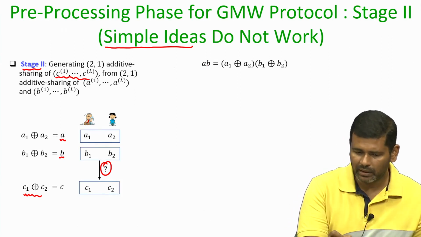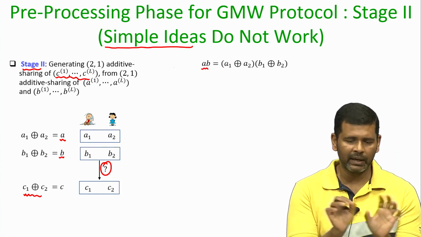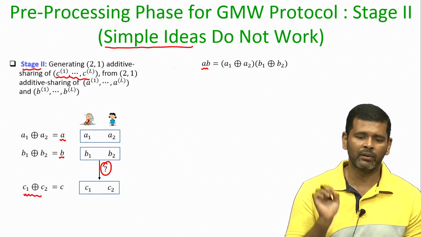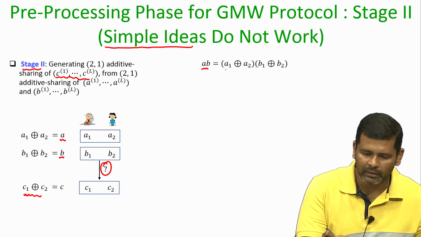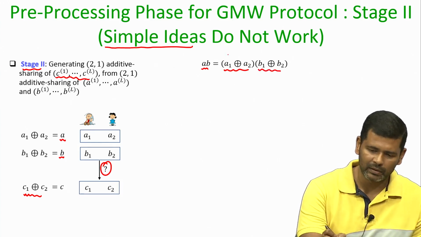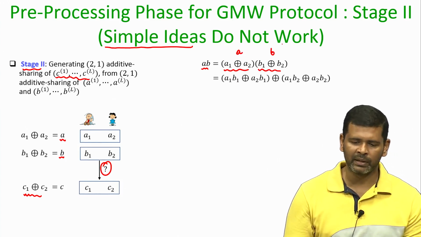So, what is the AND of A and B? I am not writing down the AND operation; A times B in the Boolean ring context, you should imagine as a ring operation, the AND operation. A times B is the AND of these two expressions, because A is the XOR of A1 and A2, and B is the XOR of B1 and B2.